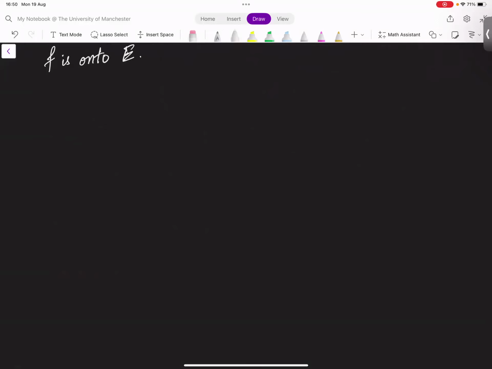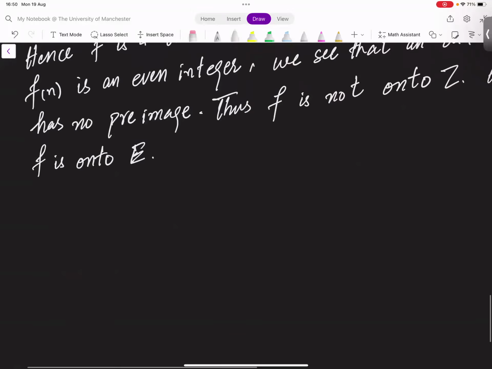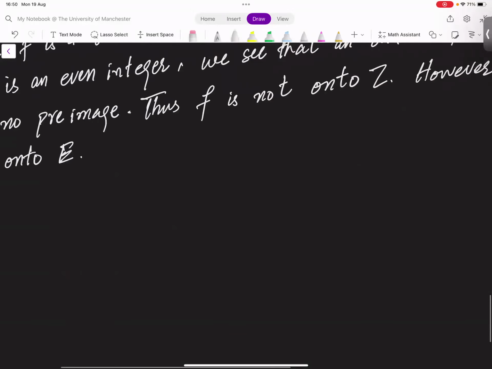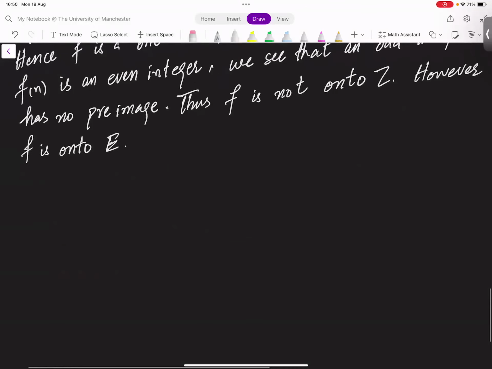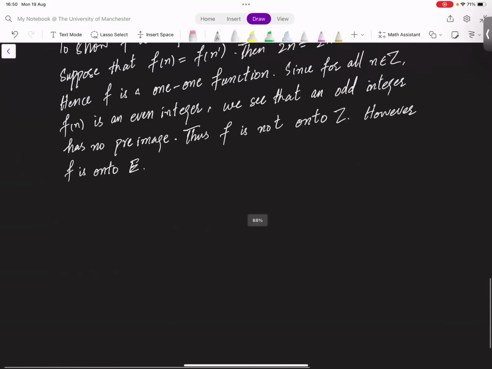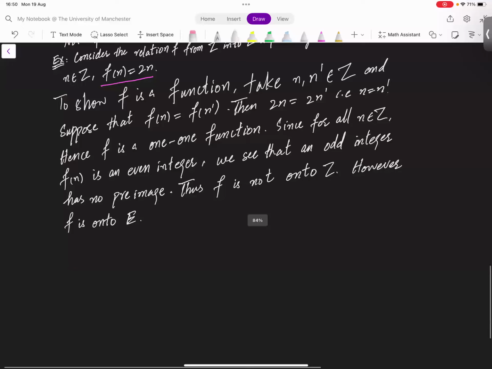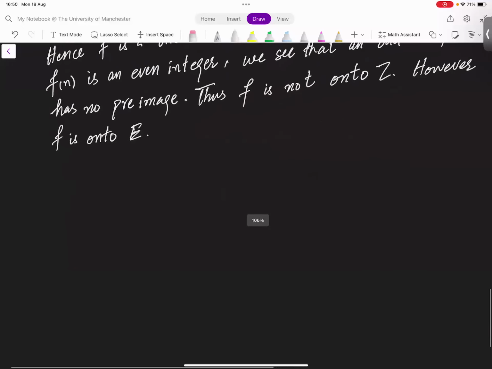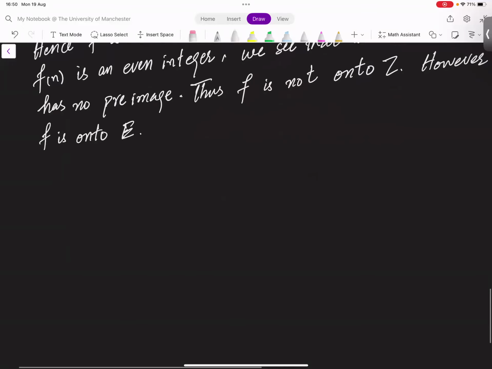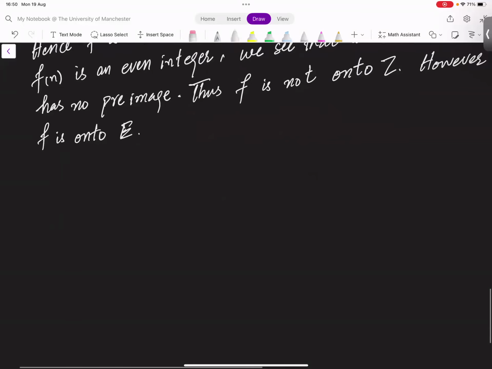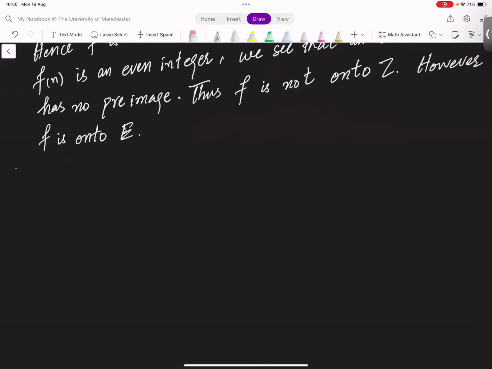Now let's combine the functions and talk about a different function. We have a definition.